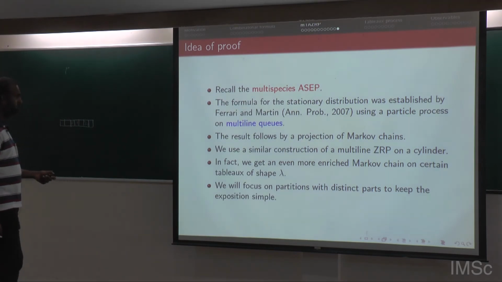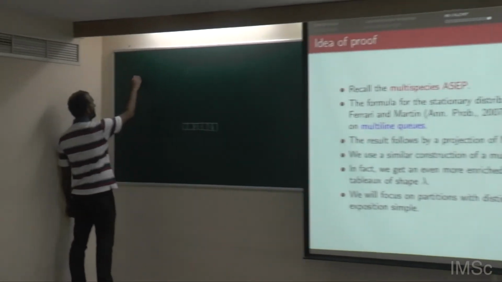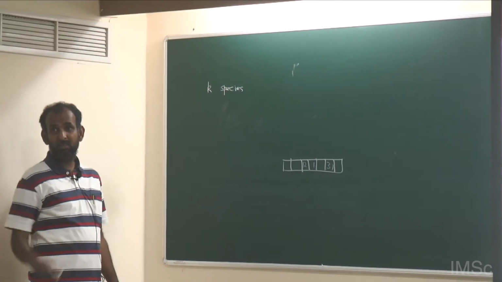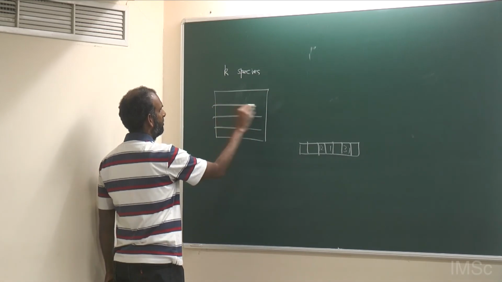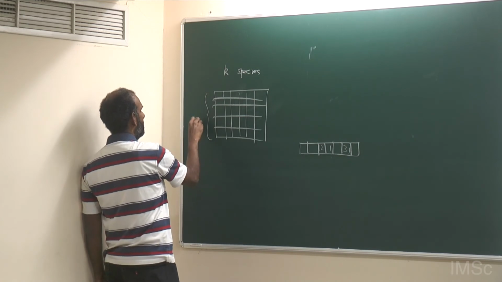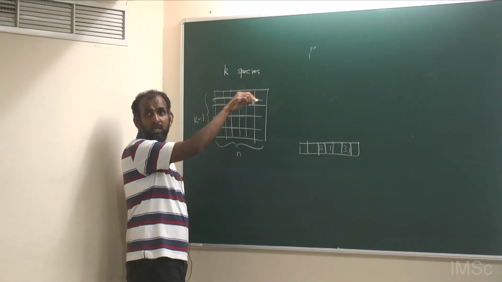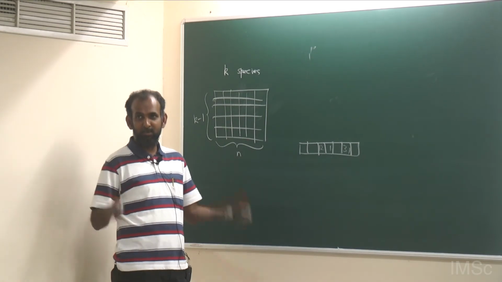Yeah, so one can write down a multiline process. If you have k species, which means k distinct kinds of particles, you can write a process of height k minus 1 and of course n as before, where each row is a configuration of the single species TAZRP.